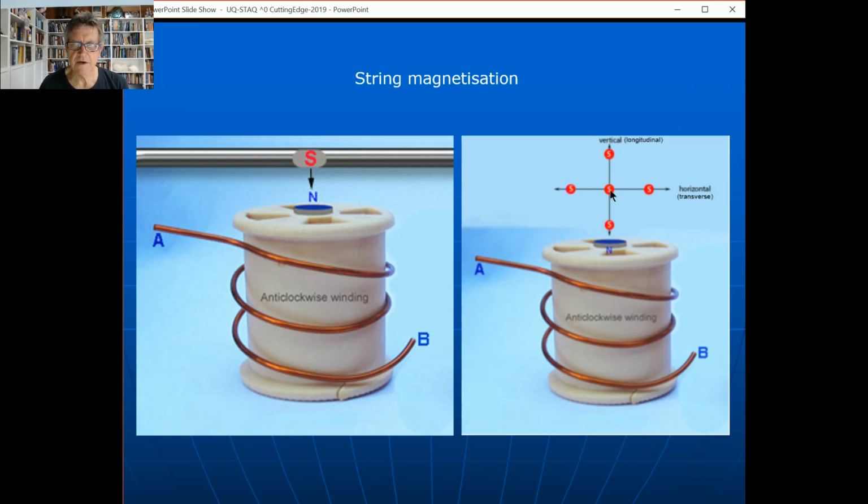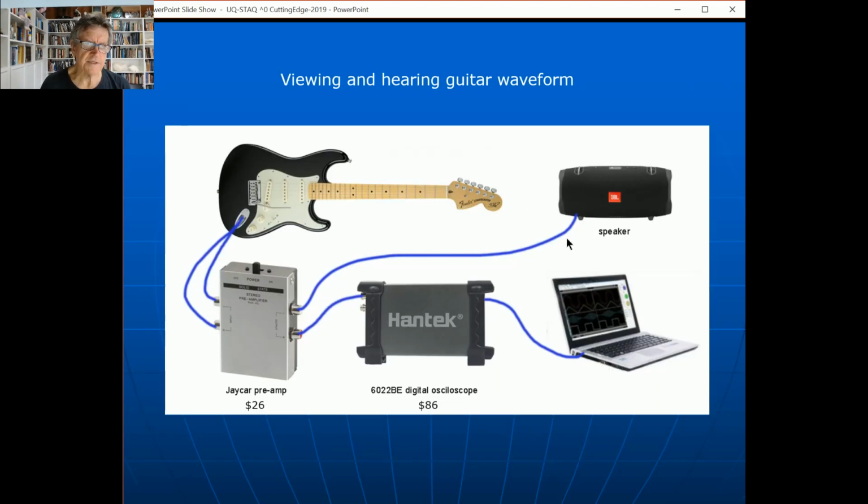Now over here you can see the difference. If it's oscillating up and down this way, you get an approach, departure. So one oscillation is one approach, one departure. But if you go sideways, one oscillation is approach, departure, approach, departure. So you're getting twice as many. So this is the setup. I took this to all the conferences last year, just an electric guitar.